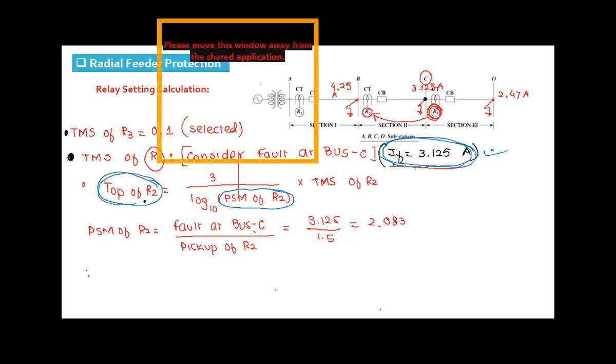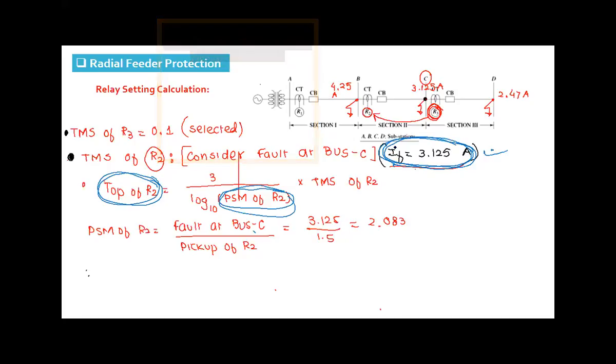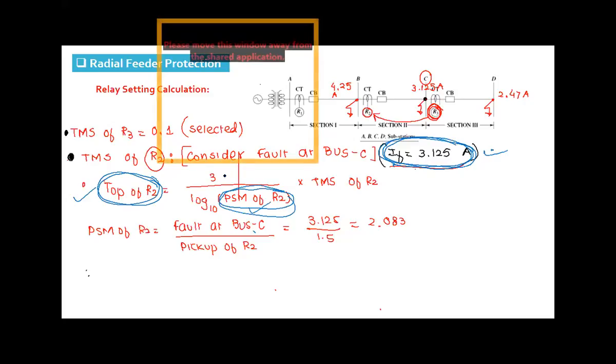TOP of R2 you have calculated for this fault. Okay. PSM of R2 also you have calculated for this fault. What is remaining part in the equation? શું unknown? TMS of R2 મળી જશે ને ના પરથી. આ ખબર છે બાકી તો કઈ વસ્તુ નહીં.